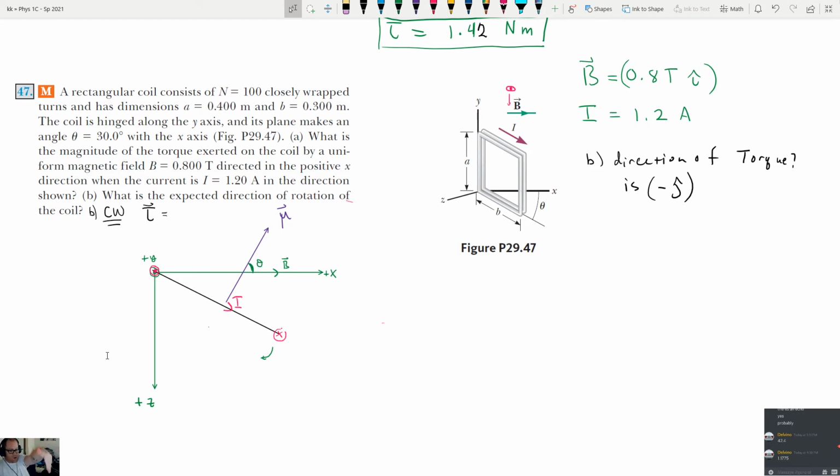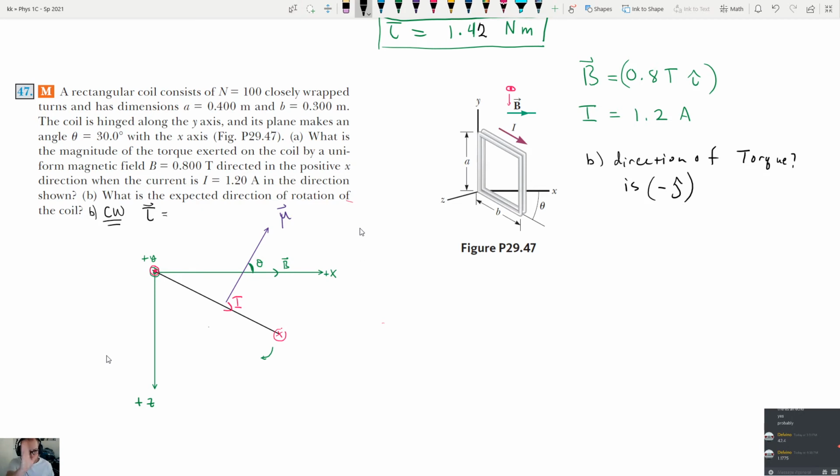It rotates clockwise, right? If I wanted to rotate counterclockwise, I would point my thumb in the positive y direction, and that would be counterclockwise. Does that make sense? You could also just do it by doing the right hand rule for mu cross B, right? Yeah, absolutely, 100%. Mu cross B, negative j. Yeah, that's a very good point. Absolutely, you can do that.